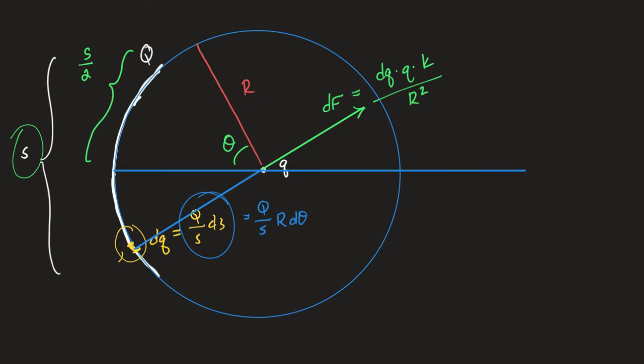Now, I'm going to stop. Look, we are going to sum up eventually. So I can sum by going from negative s over 2 to positive s over 2. I could leave it in terms of ds. Fine. I could also say I'm going from negative theta to positive theta.